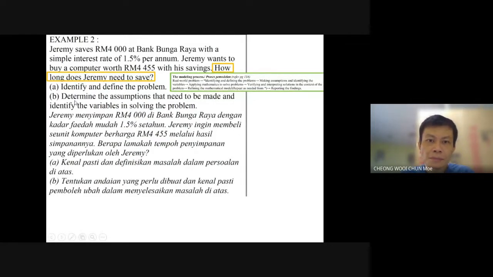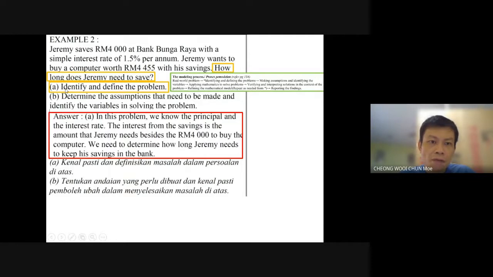Okay, so we look here. The answer for A, identify and define the problem. In this problem, we know the principal and interest rate. These are not required to write so long. The interest, you can write I is equal to PRT.